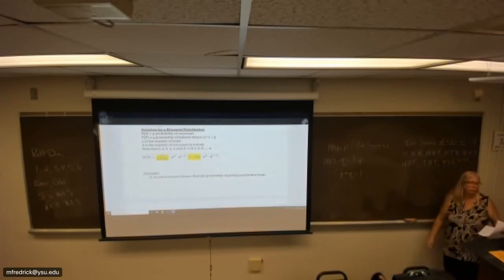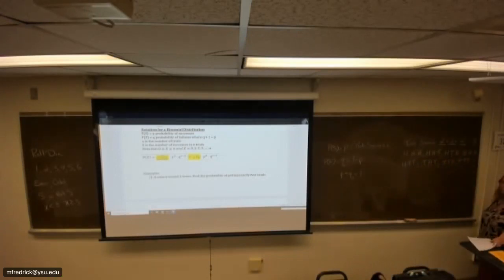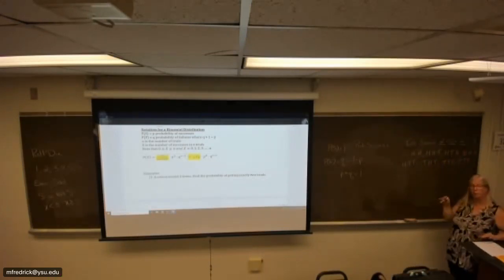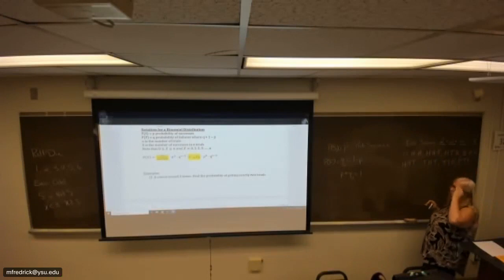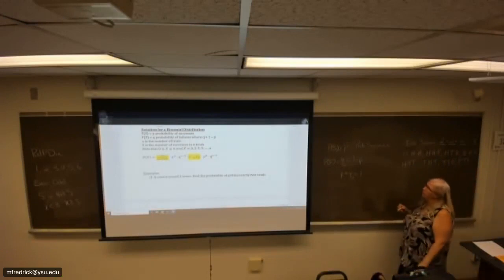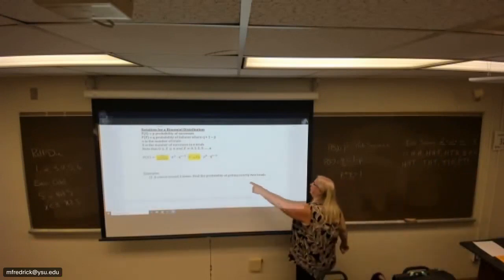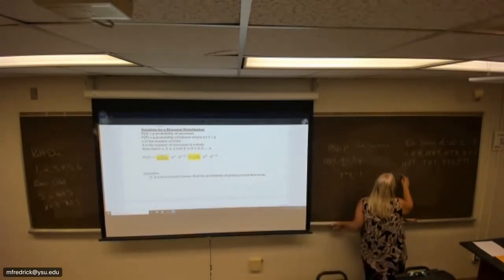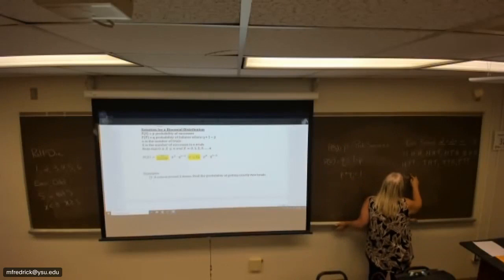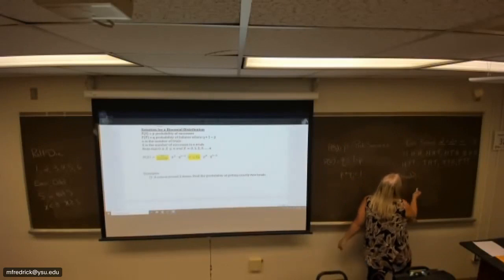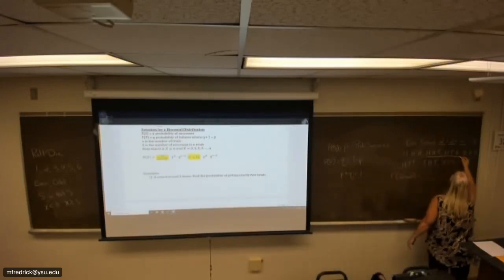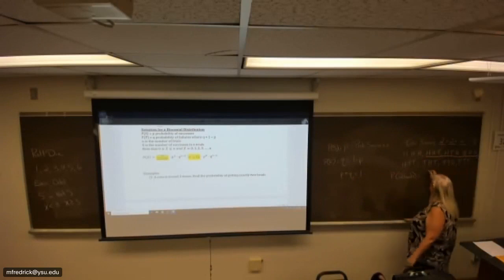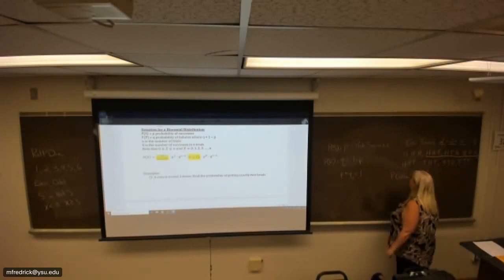Okay. These are all the possible outcomes, and this is how we were doing probability earlier. We would list all of them, and they said the probability of exactly 2 heads. There's 3 of them out of the 8.